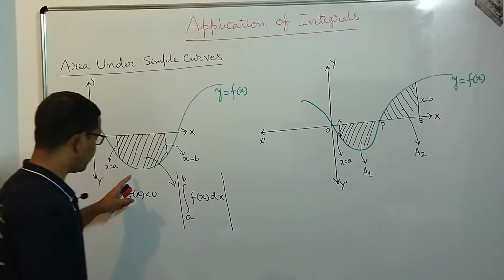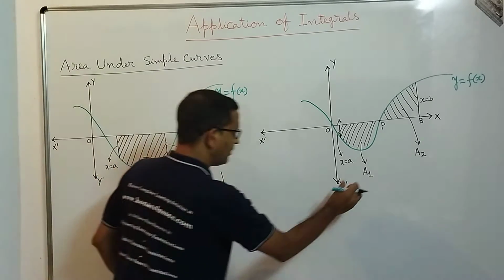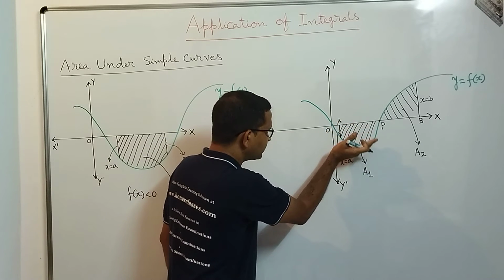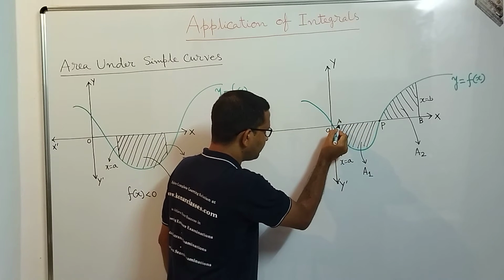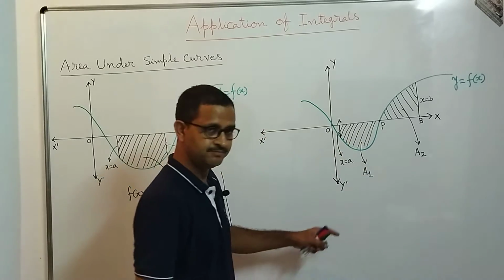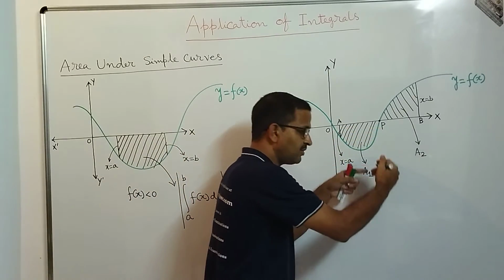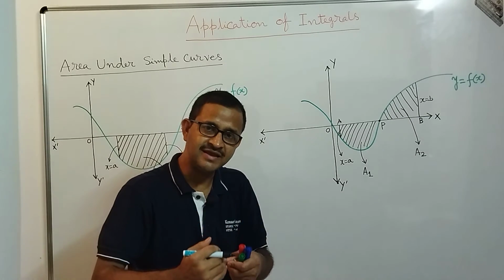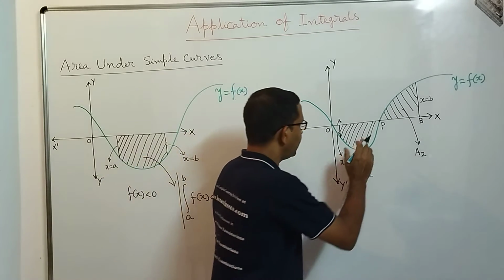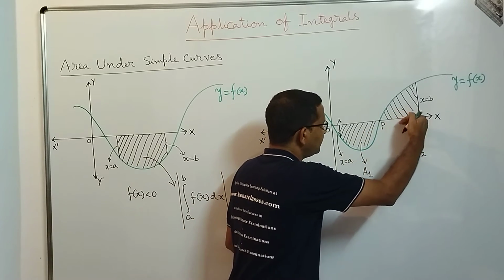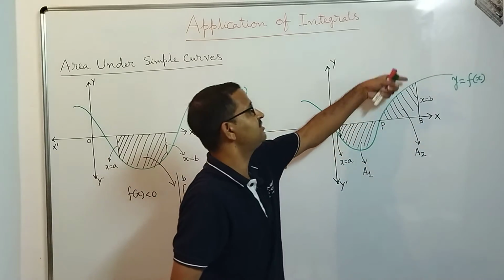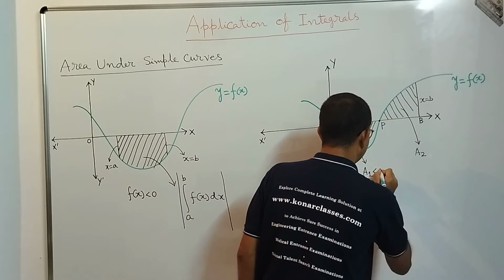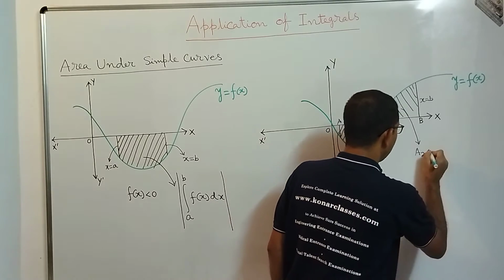Then from our knowledge of what we discussed a few minutes back, the value of A1 should be negative, because in the entire portion from point A to point P, f(x) is negative: y equal to f(x), y is below the x-axis, so y is negative. From point P to B, it is above the x-axis and the value of y is positive, hence A2 will be positive. So A1 will literally be negative, but A2 will be positive.